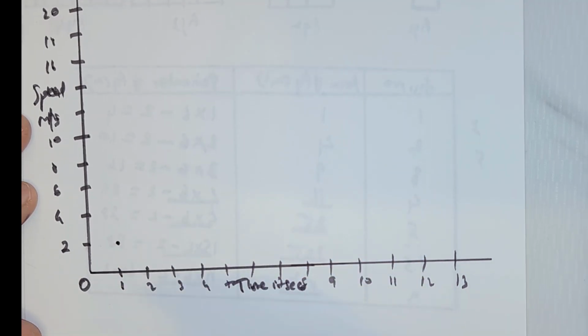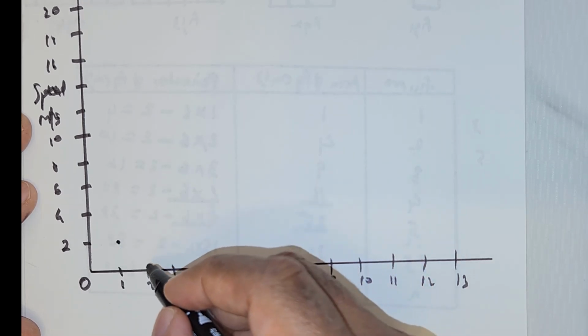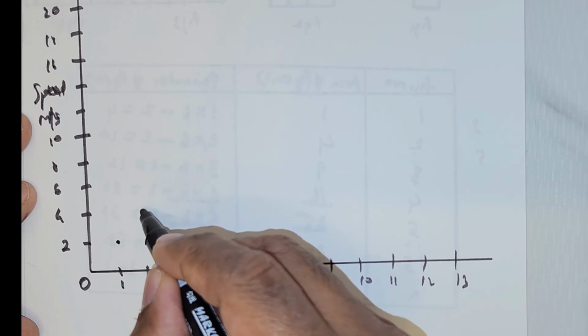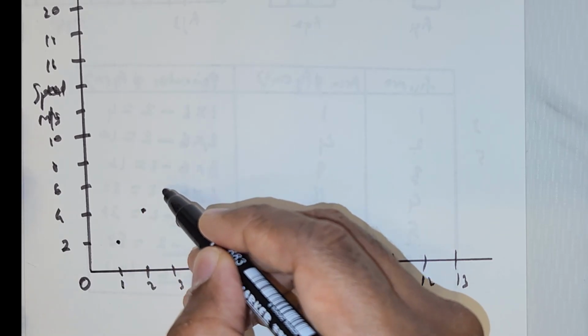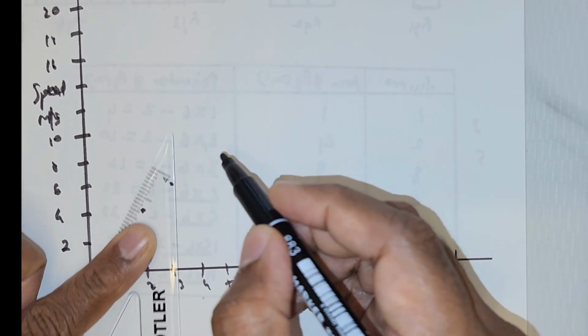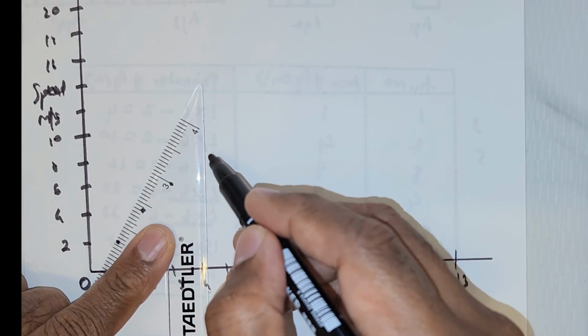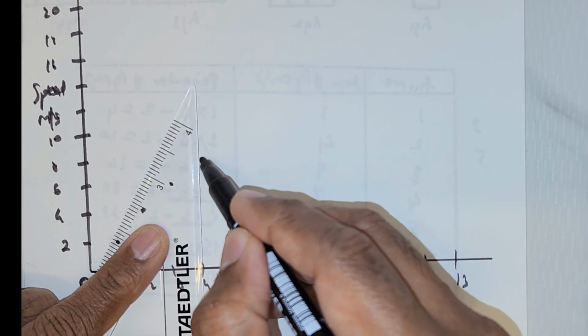So at 1 second the speed is 2 meters per second. At 2 it is 4. At 3 it is 6. At 4 it is 8.